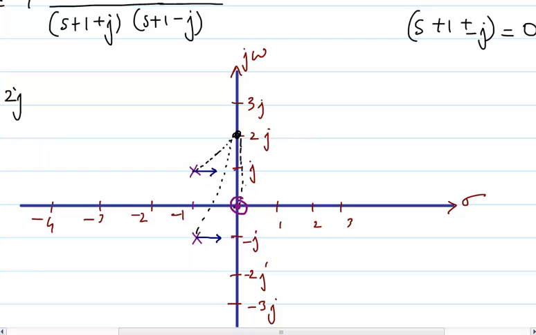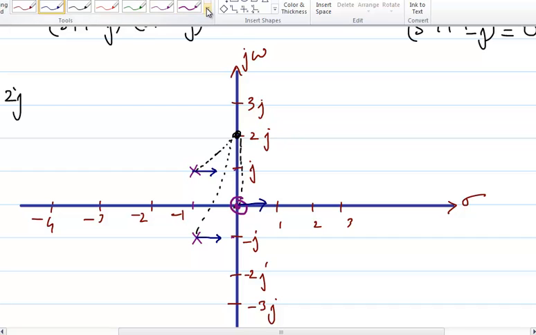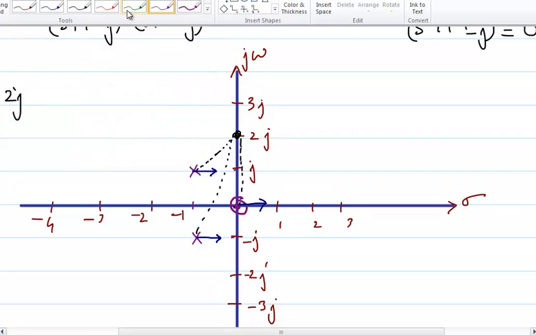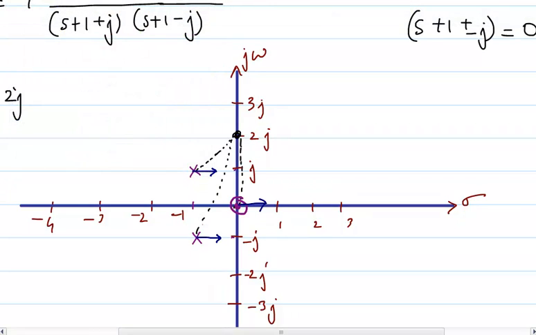I am drawing the real axis in the same direction as sigma. And then here you are going to have the magnitude. So this angle is the angle that I am interested in, and the dotted line is the length that I am interested in.